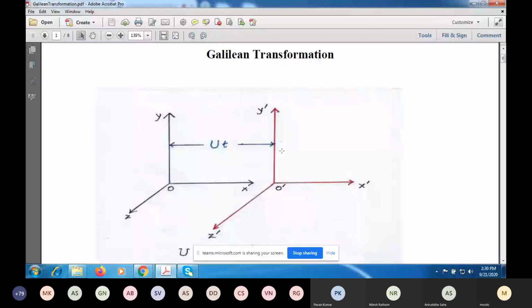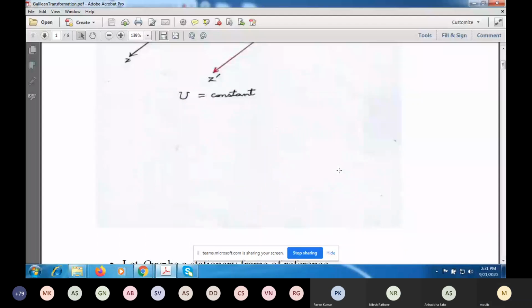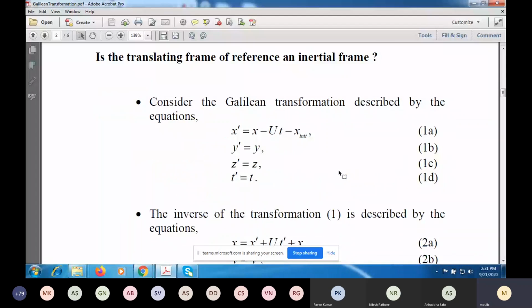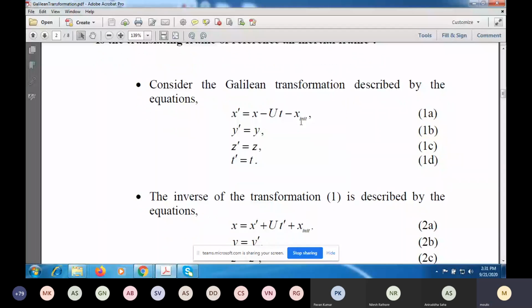X. The origin O is on the left and O prime is on the right, so the coordinate x prime will be smaller than the coordinate x. So x prime is x minus ut minus some initial value, which in the figure for simplicity I have taken to be 0. So this gives you the relation between x prime and x.